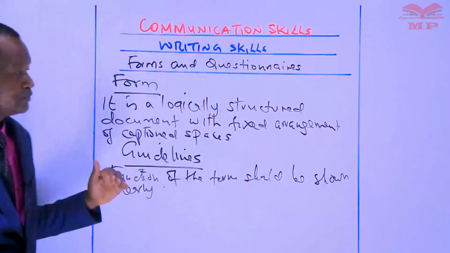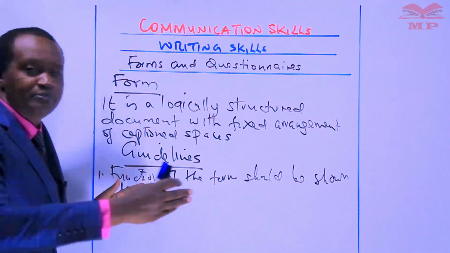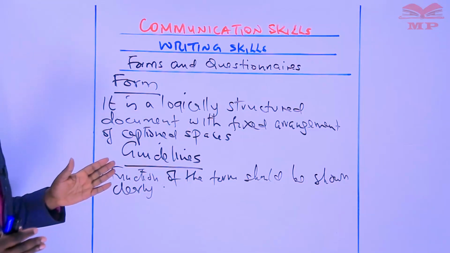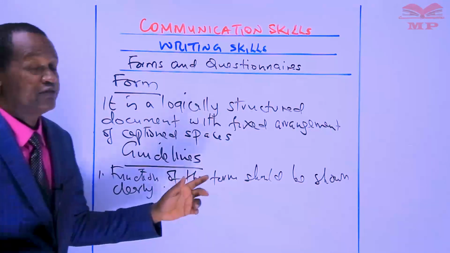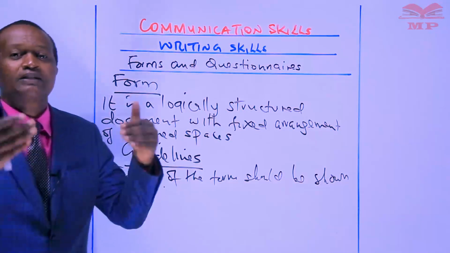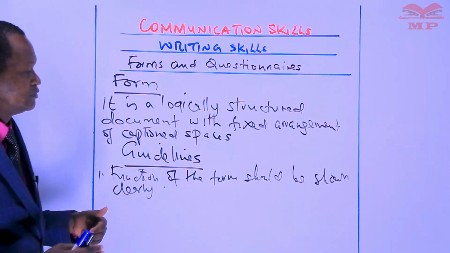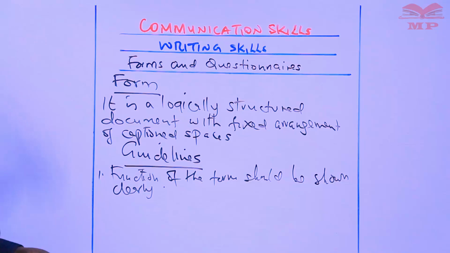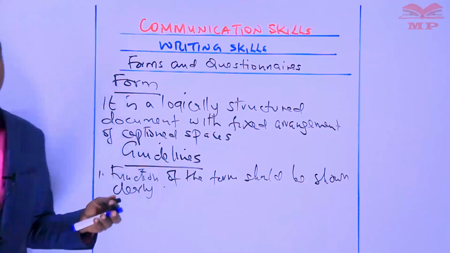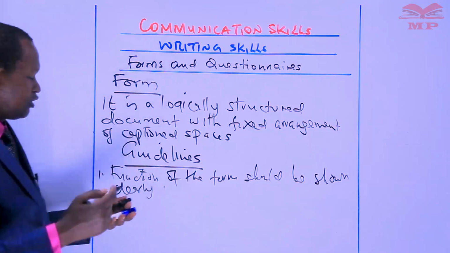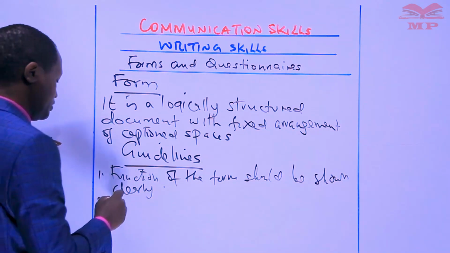An application form is a logically structured document with fixed arrangement and captioned spaces for entering the information that is required from the one that is making an application. That's the first guideline. The second guideline when developing a form is that the name of the organization should be shown at the top.